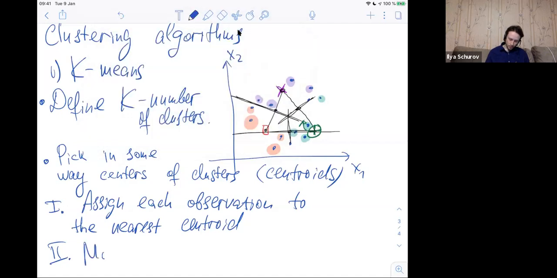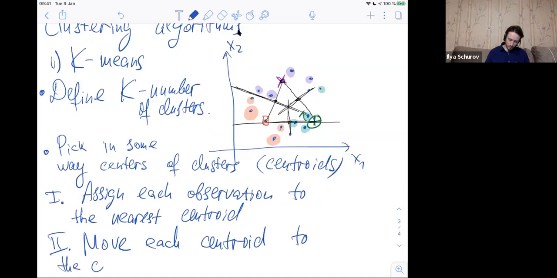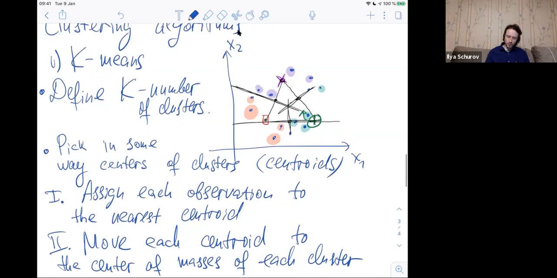So I move each centroid to the center, I can say center of mass, of each cluster. I probably created not so good a picture because here on the second step, more or less nothing changes.